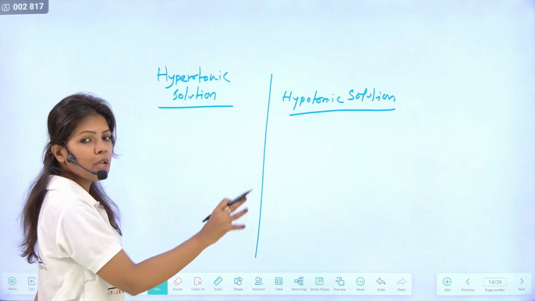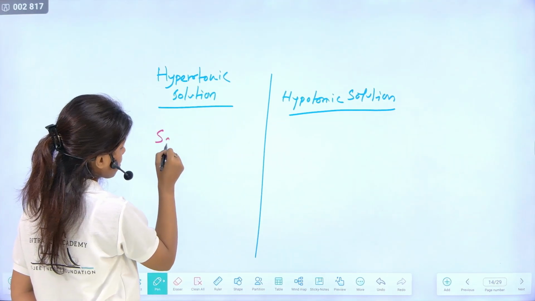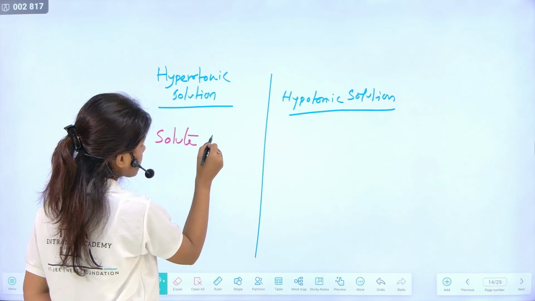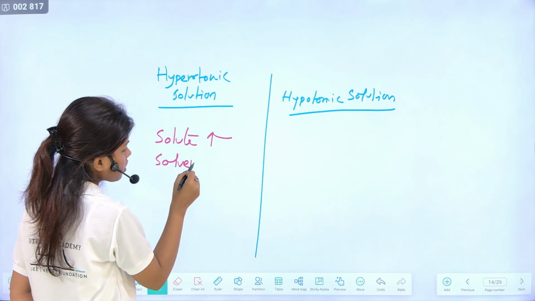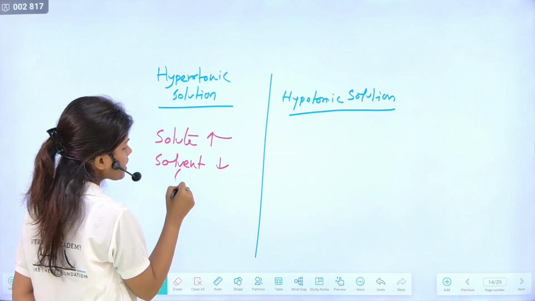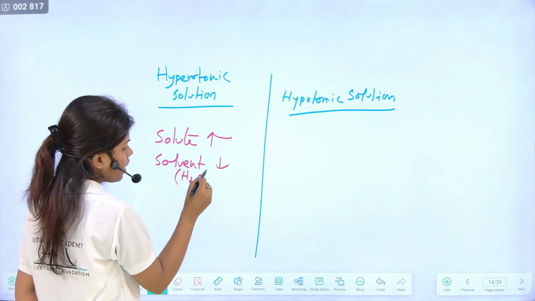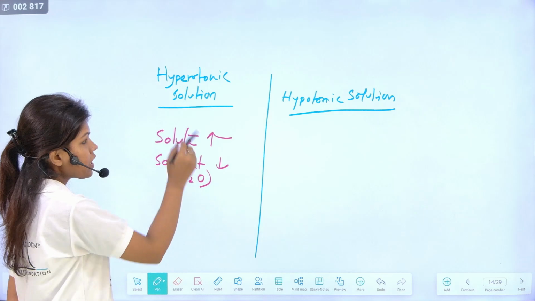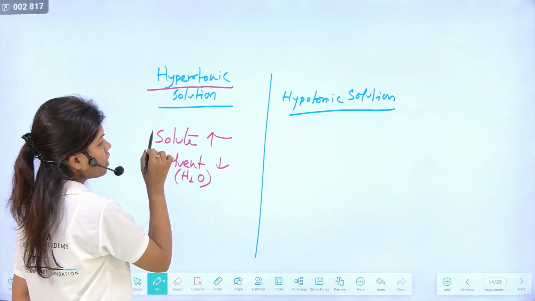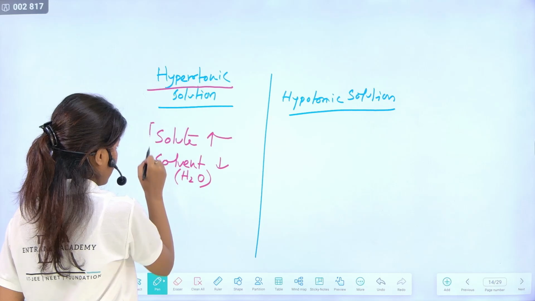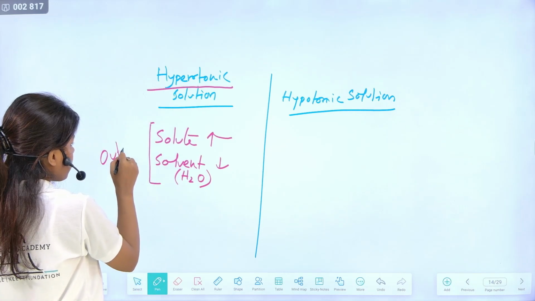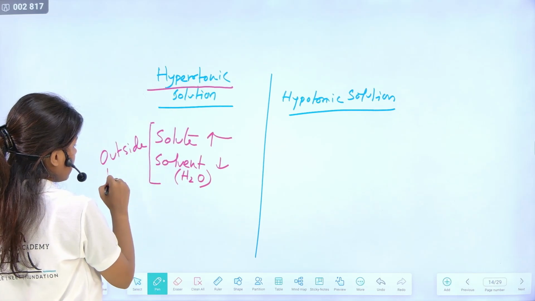So in case of a hypertonic solution, the solute is high and the solvent is low. Solvent means, in this case, you can take water as an example. So in case of a hypertonic solution, solute is more and solvent is low, outside the cell.